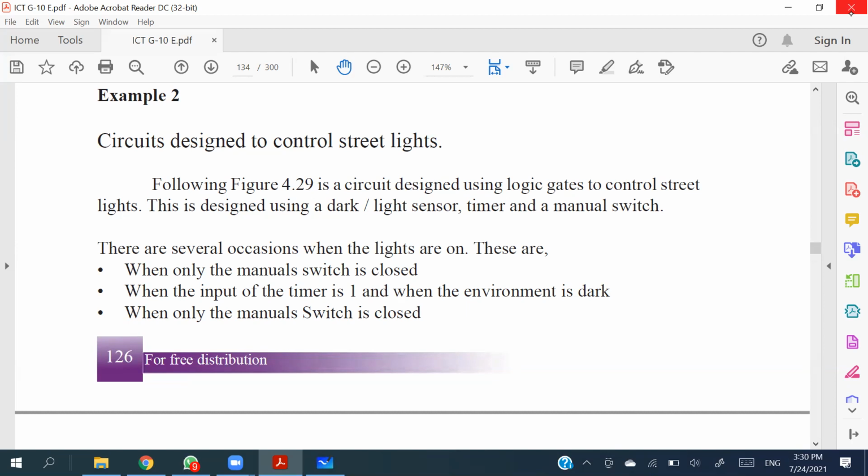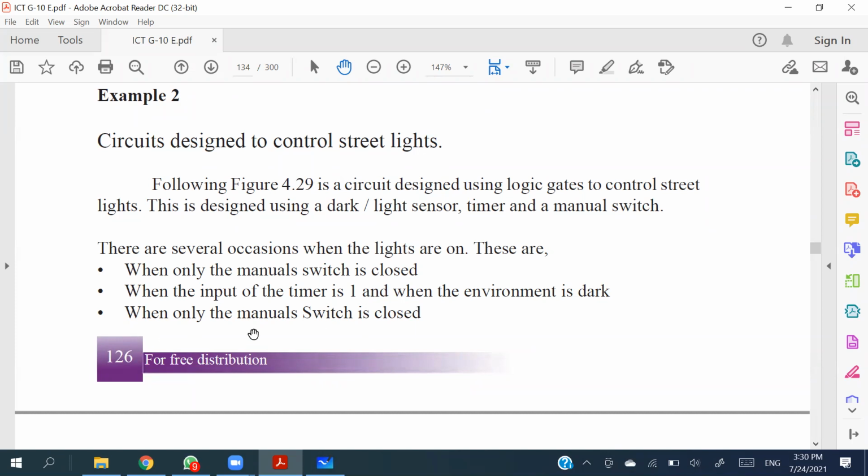It says there are several occasions when the lights are on: when only the manual switch is closed, then the light is on. You can make it automatically on when the manual switch is off and the surrounding is dark, when the input of the timer is 1 and when the environment is dark.